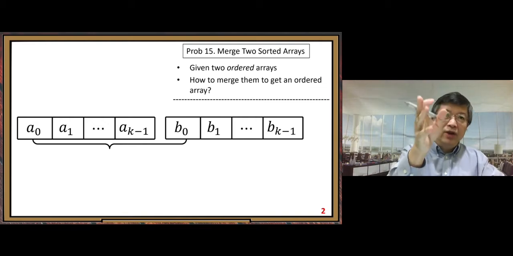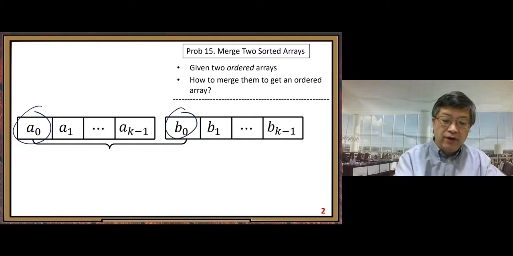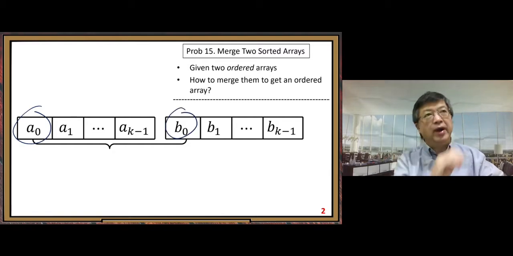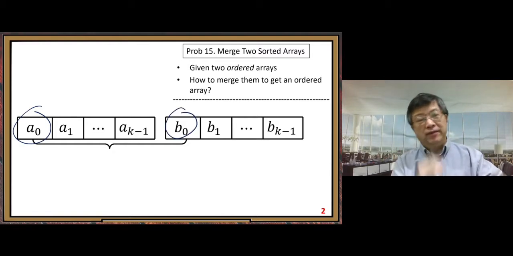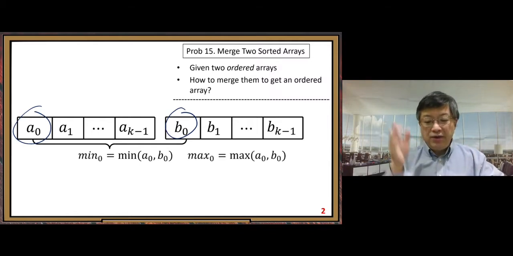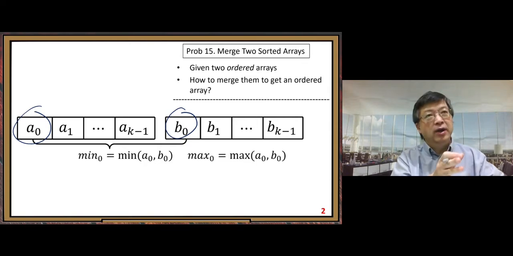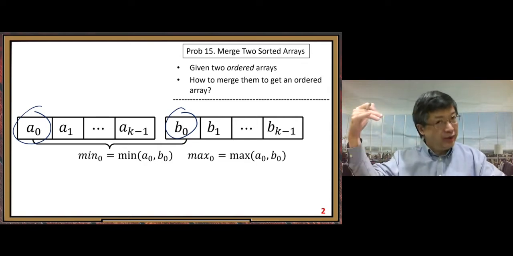First comparison: we look at the first element of each subarray and compare. There is a smaller element and a larger element: min 0, the smaller one, and max 0, the larger one.